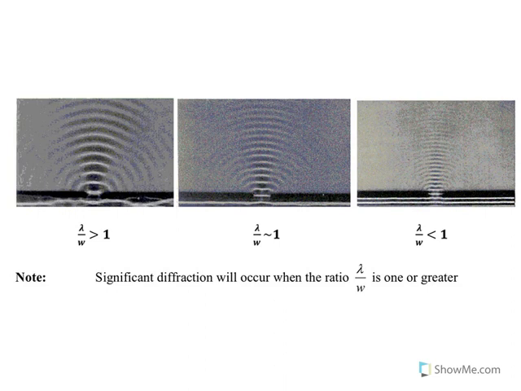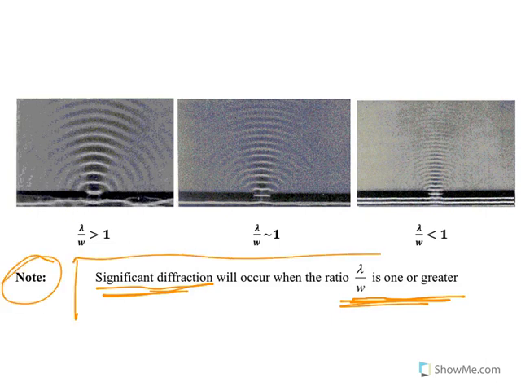When it's less than 1, it's quite straight in the middle. So the key thing here, and I need to use this in the exams, this has been used: significant diffraction will occur when the ratio lambda on W is 1 or greater.